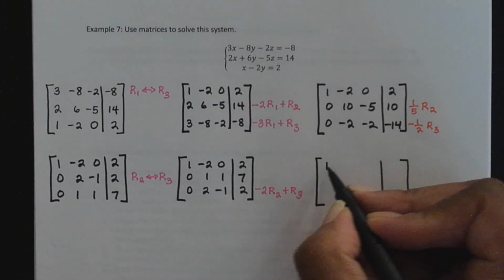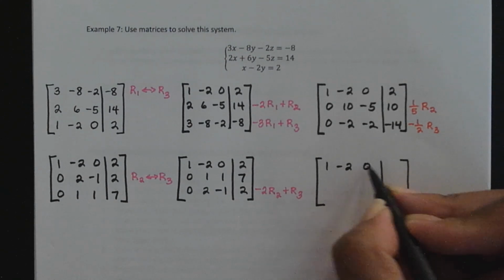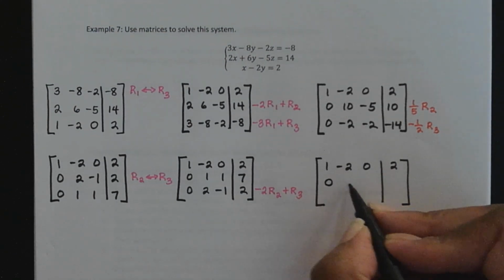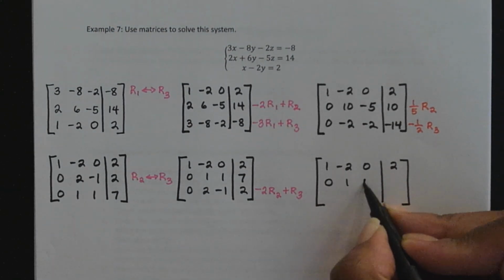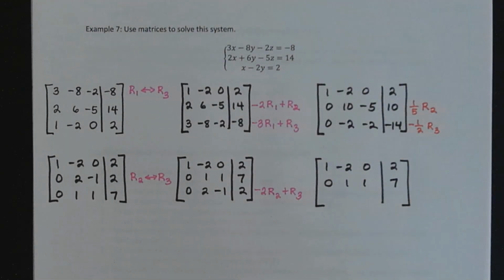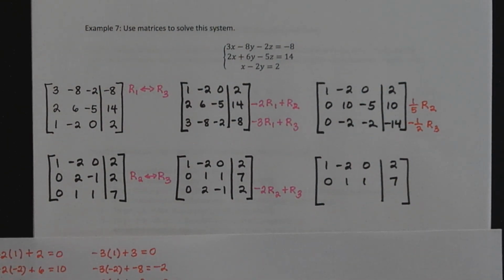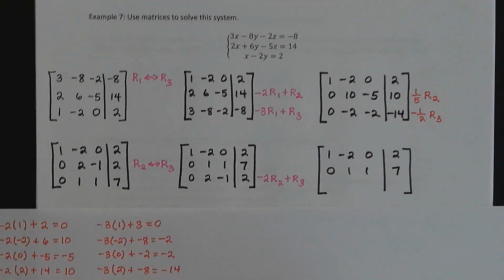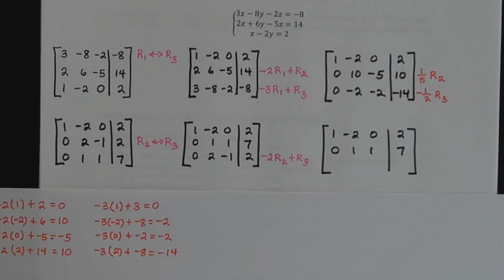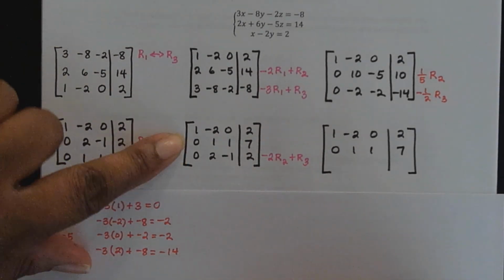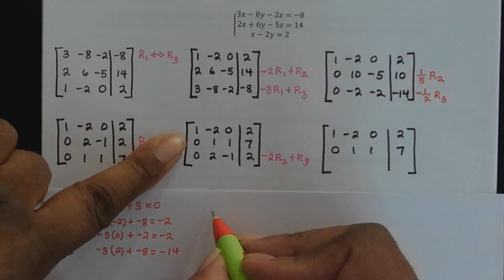So let's see, row 1 is the same. Row 2 is going to be the same as well, only row 3 is changing. So here's what I'm going to have for that. So this is row 2 right here.